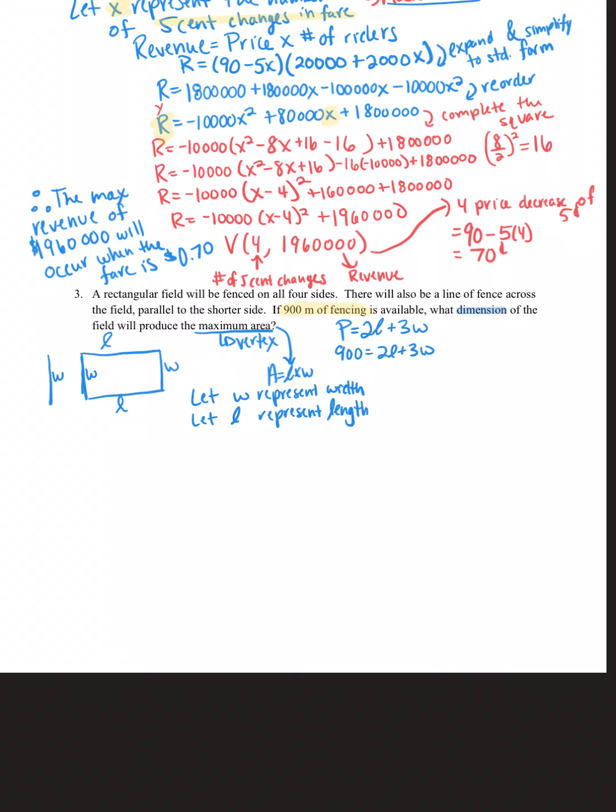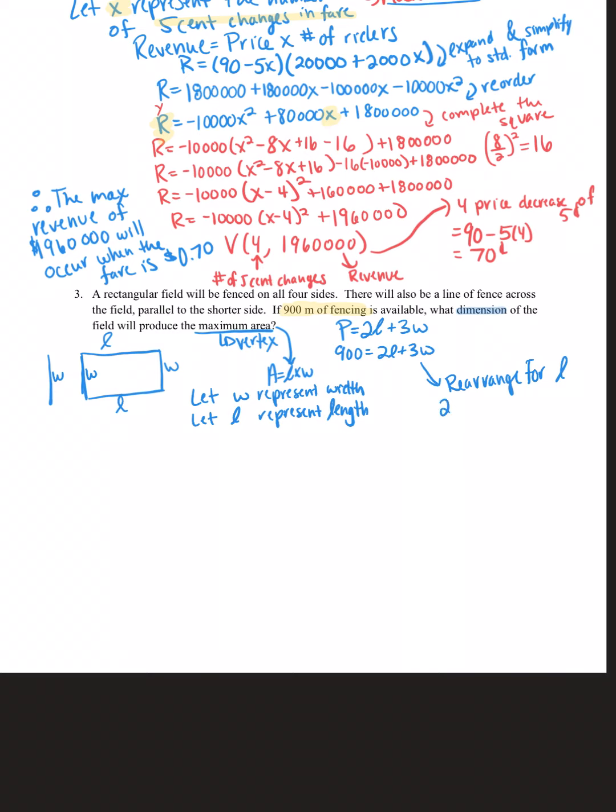Okay, once we have our perimeter, we can always rearrange for one of the variables so that we're only working with one. So let's just rearrange for our length, so we're working with just length when we plug into a formula.